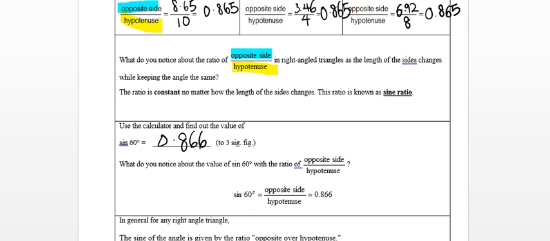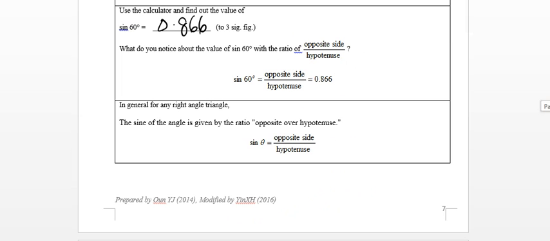All these values are very similar, and they are approximately equal to 0.866. In general, for any right-angled triangle, the sine of the angle is given by the ratio opposite over hypotenuse. Again, sine of an angle is given by the opposite over the hypotenuse.